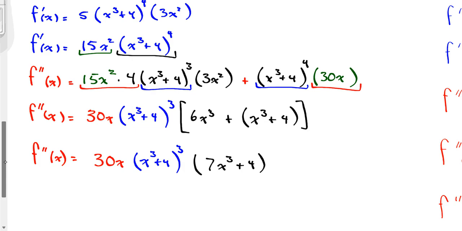As in this one right here. How I got to this one from the previous one. Okay. So I looked at these terms and those terms because they have constants and they have x's. So I looked to see if I could get a 30x as a common factor for both of them.